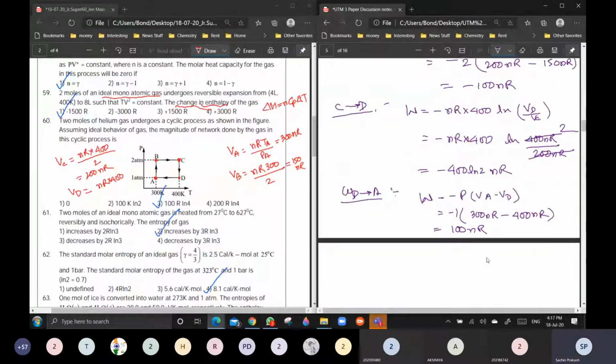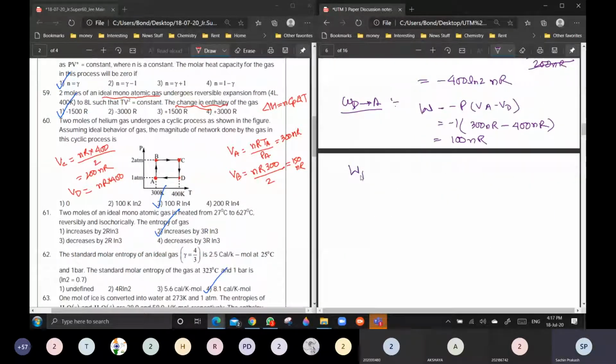So what will be work done total? W total will be equal to W of AB plus W of BC plus W of CD plus W of DA.